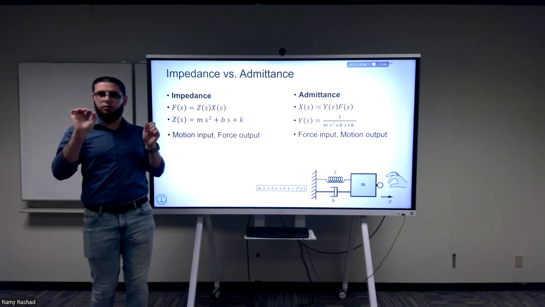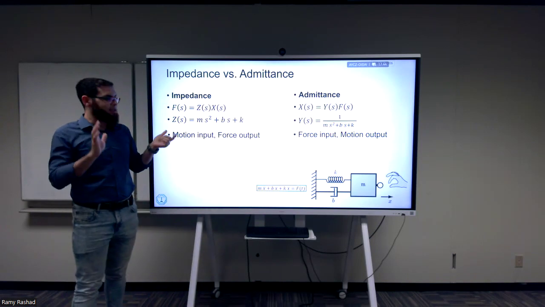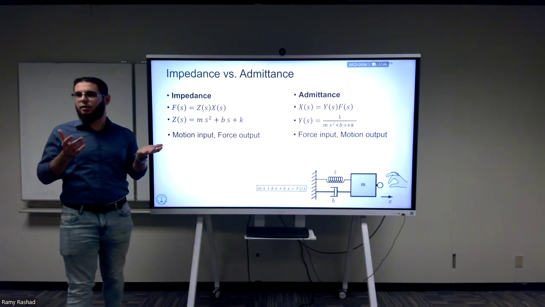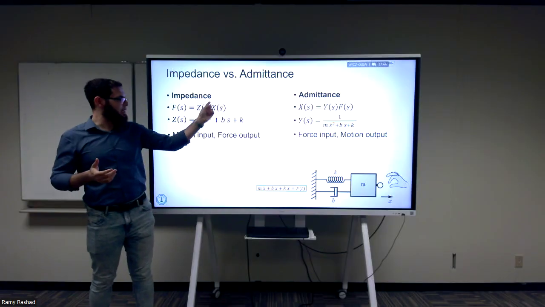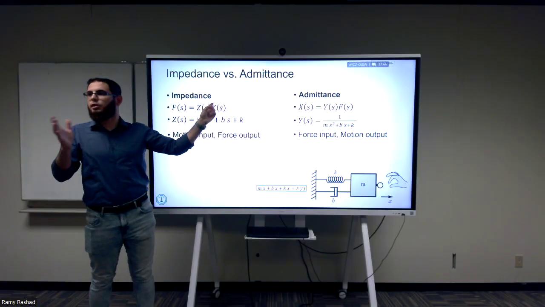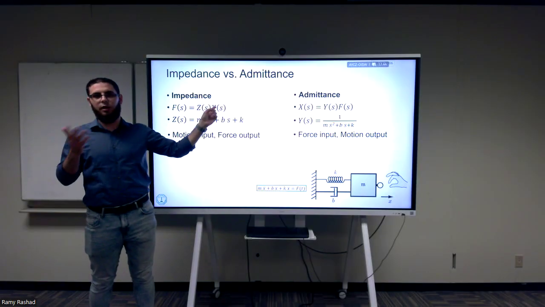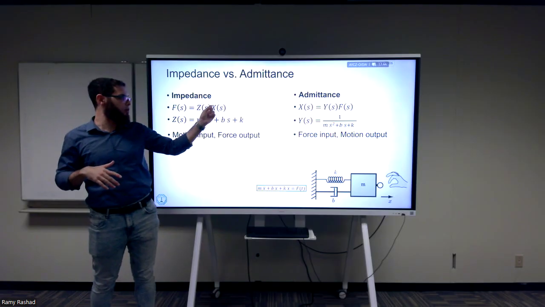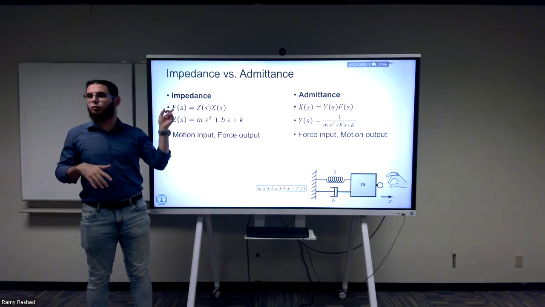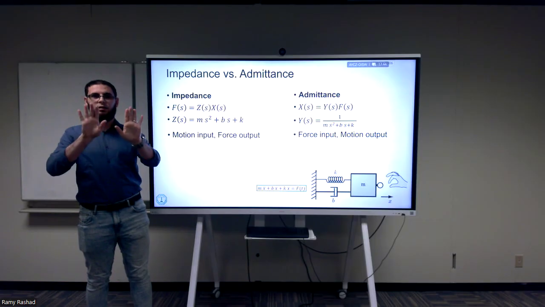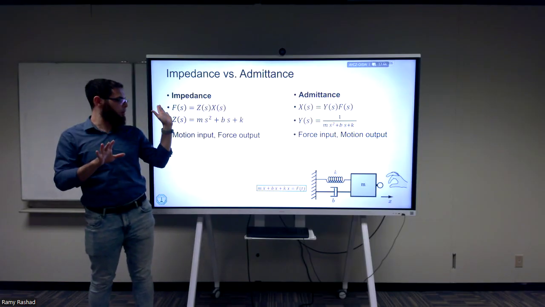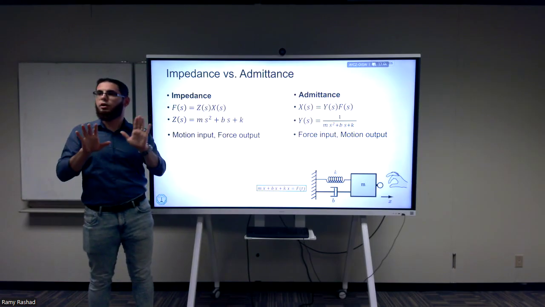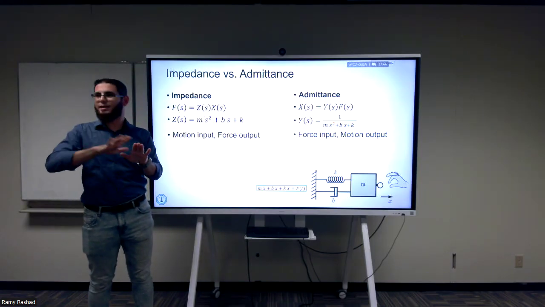What you need to look at here is what's the difference between when we say admittance and impedance: when we have impedance, the motion is an input, and motion here is either the position or the velocity. They're just the time derivative or the time integration of one another. And we have the force as an output. Okay? So you see the relation between position and forces, or pose and wrench, or torques and angular velocities.